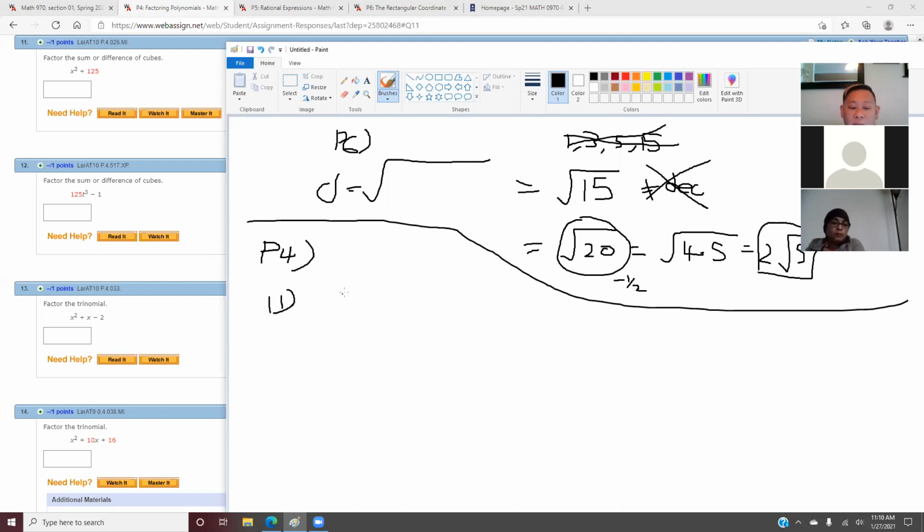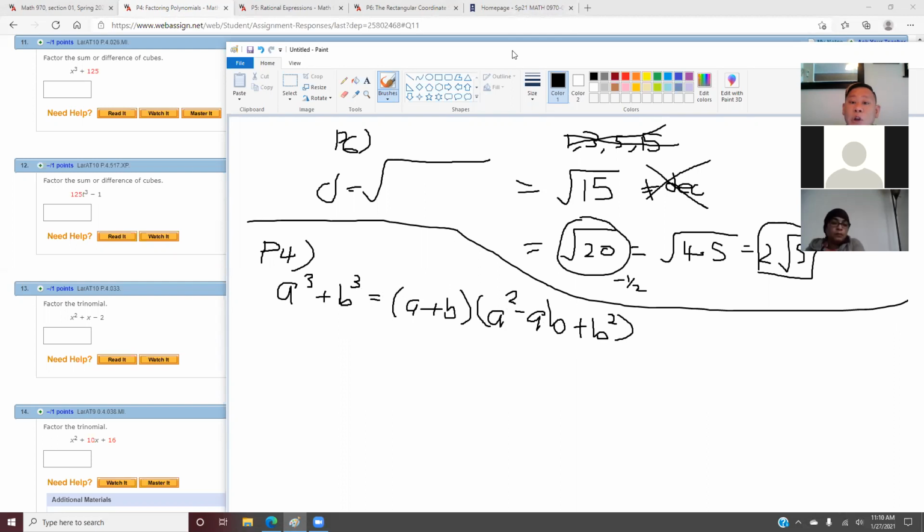The formula is, if you have a cubed plus b cubed, that means this is a perfect cube in this case, then you will get (a plus b)(a squared minus ab plus b squared). Okay. So again, this is the formula for the cube when the sum is plus.